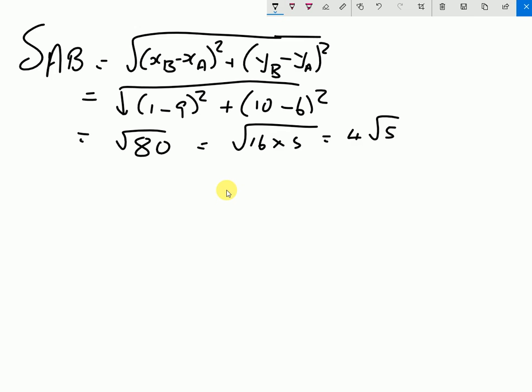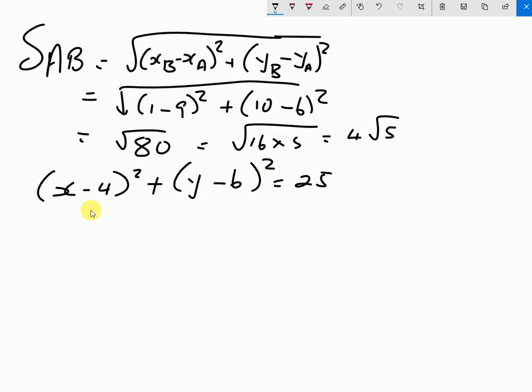People, you are requested to find the coordinates of D and E. From the equation (x minus 4) squared plus (y minus 6) squared equals 25. Definitely this, you let this x be equal to 0.